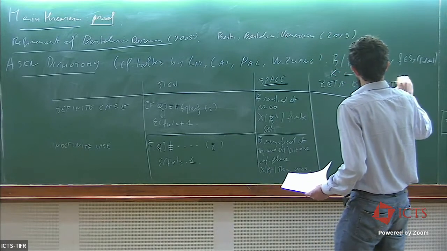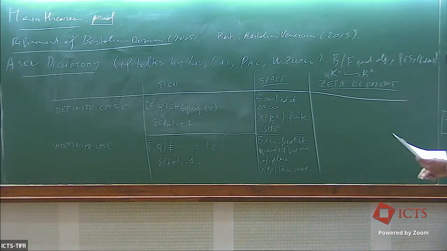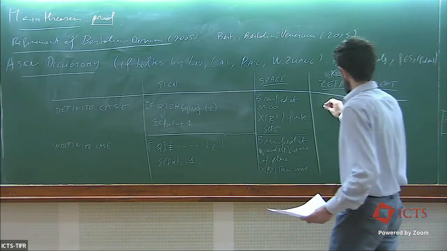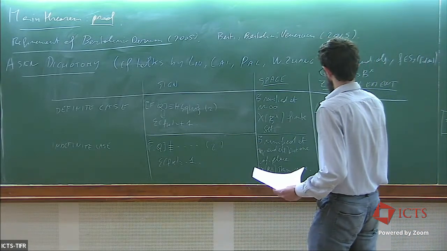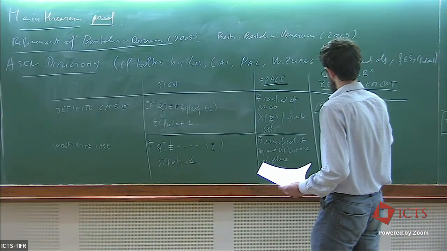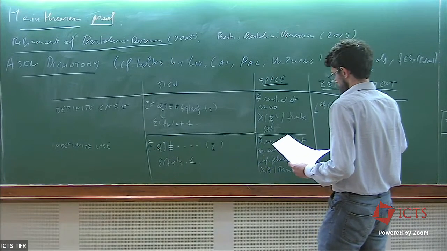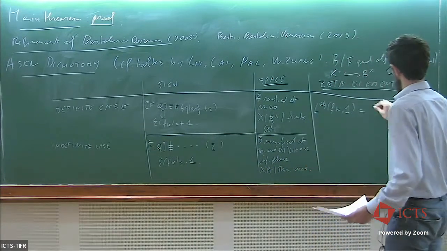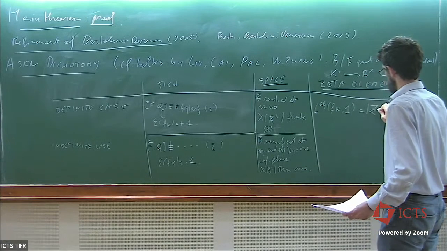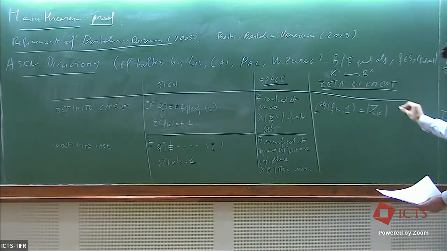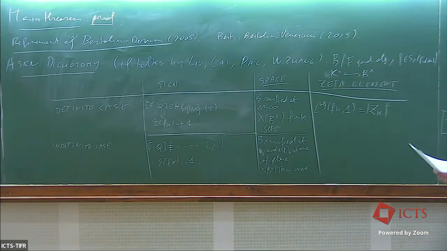And this was actually already discussed in Wei Zhang's talk, so let me just recall it. The point is that in the definite case, this algebraic part of the special value can be expressed as follows. It's just the square of a zeta element that I will denote by zeta k. And what is this?